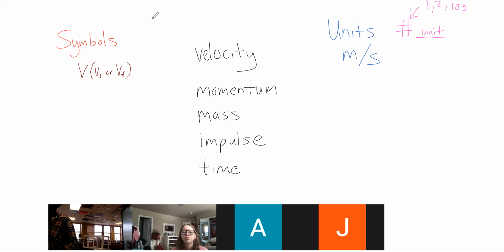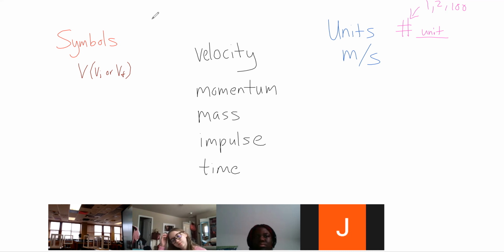You can give me whatever you want. If you want to give me a unit, if you want to give me a symbol, whatever you want. Just don't forget, some of these are a little tricky, like they're not the letter you think they are, okay?